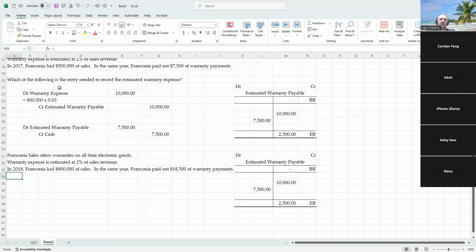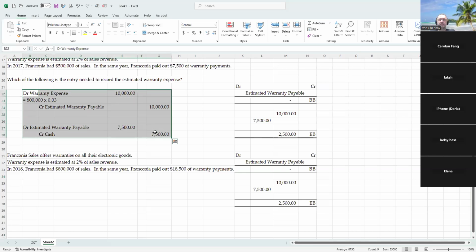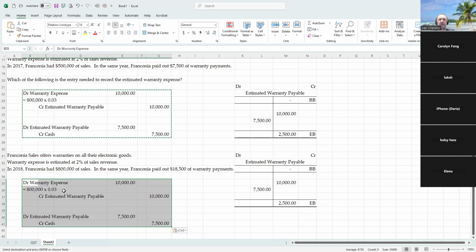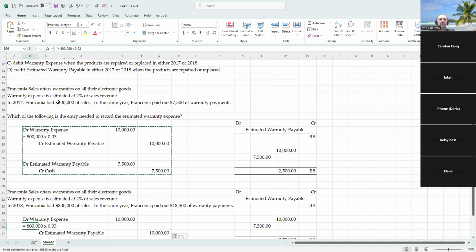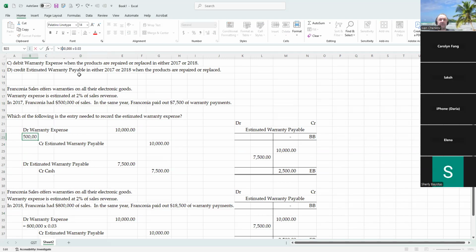So let's do the entry now. I'm just going to copy and paste it because I can, right? So here, what are we going to have? That's not 500, that's here. That should be 500,000, right? 500 times 2%.